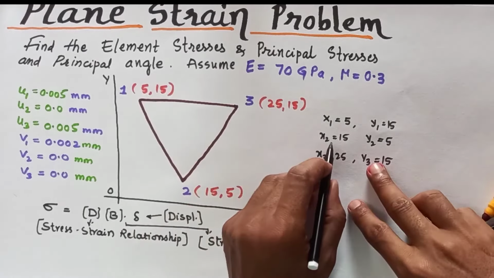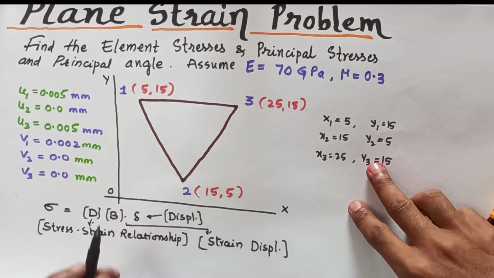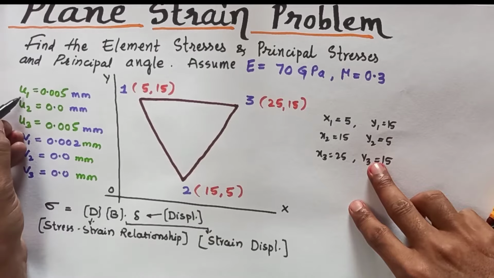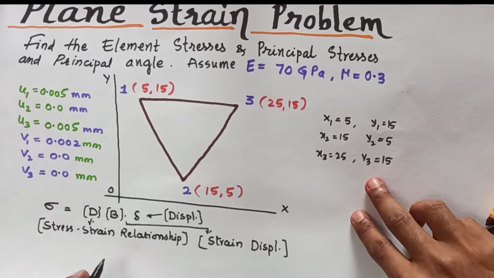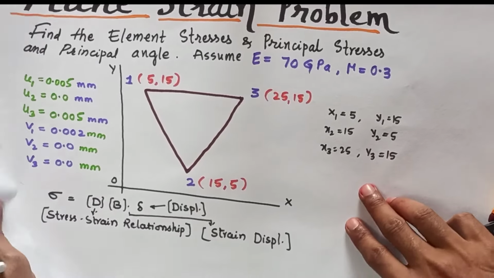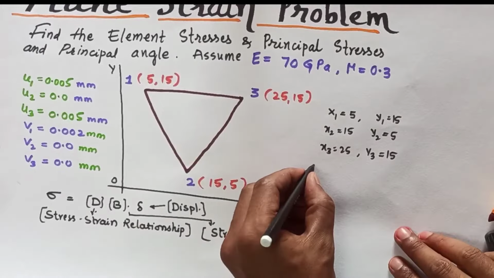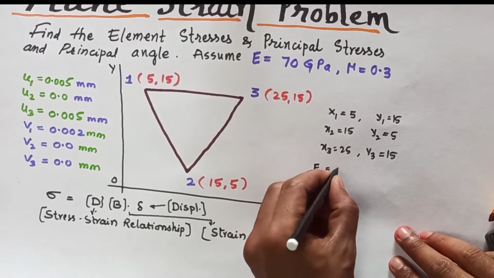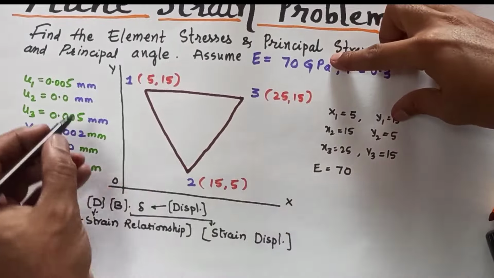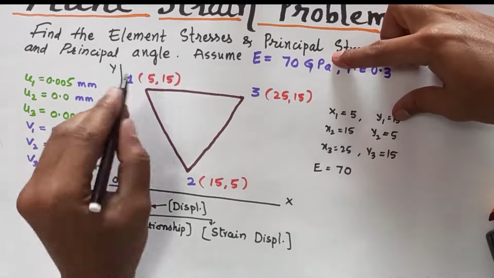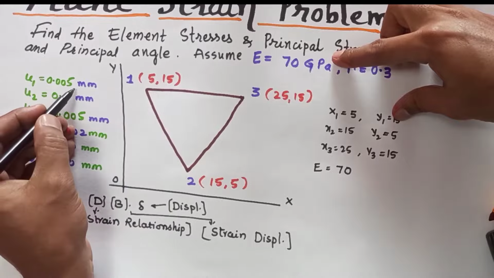So these are the local coordinates, and xy is the global coordinates, and the displacements u and v are given. Okay, now the Young's modulus is given as 70 gigapascal.